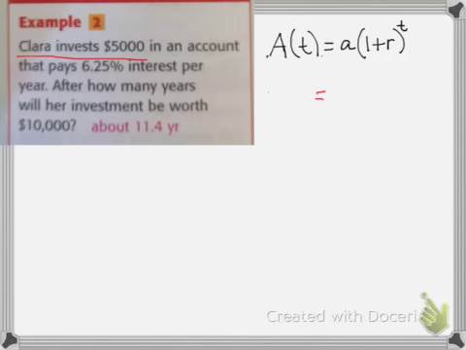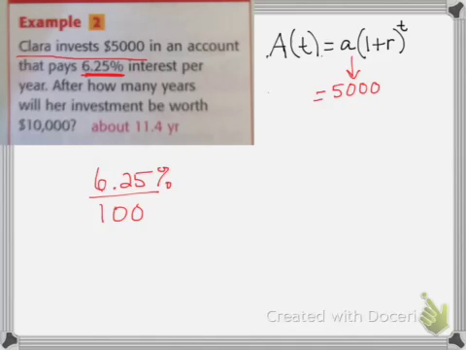I know right away that if I'm going to write this equation, I need to put that 5,000 where the little a is because it's my initial amount. The next part of the equation that I should write down is the rate. Remember, when you have a rate of 6.25%, that's the same as, if I want to convert it to a decimal, either dividing by 100 or moving the decimal over 2 places.